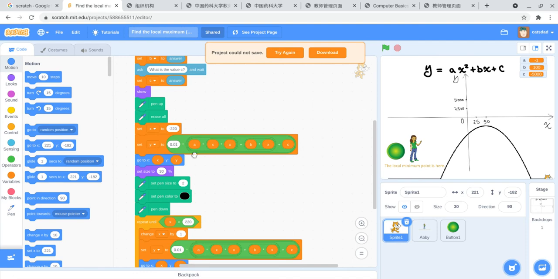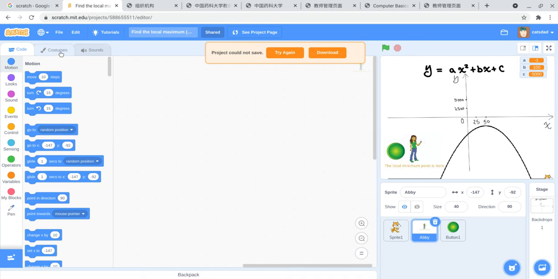This might cause a problem, because when you find the extreme points, you find the exact coordinates of the points, but they may not appear in the place you want because of this shrink factor. So pay attention to this to make sure the sprite goes to the correct place.